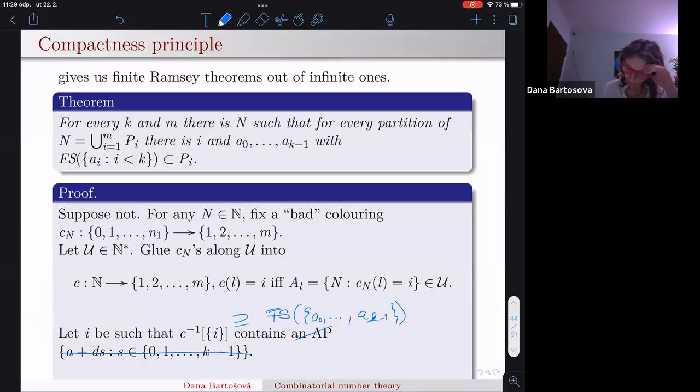So now I'm going to look at, for each of these A_i's, take the corresponding A_i, right? So this set is what decided that this is going to get the color i.